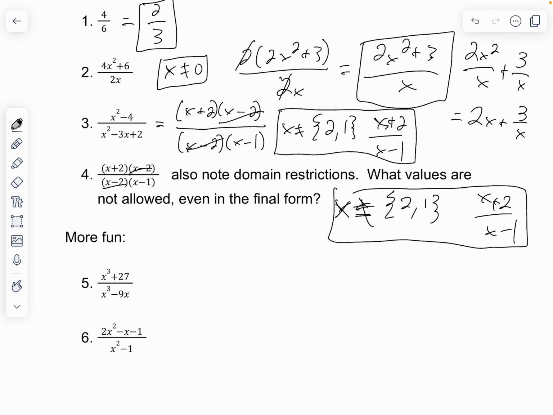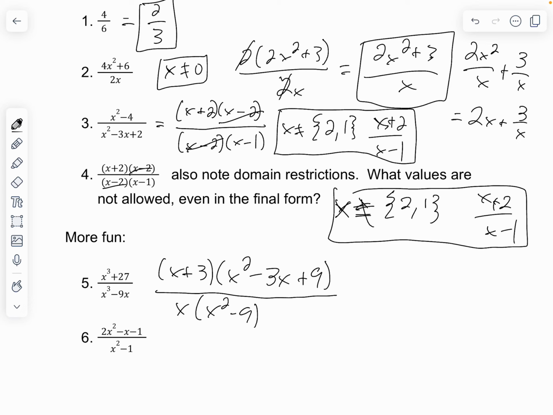A little bit more fun here. We got an x cubed plus 27, so that's going to be an x plus 3 times x squared minus 3x. SOAP, same, opposite. And the last one's always positive, and it's the square of the cube root of 27, so that's going to be a 9. Then on the bottom, x cubed minus 9x. Let's see, that's x times x squared minus 9. And x squared minus 9, I'm going to use some whiteboard trickery.